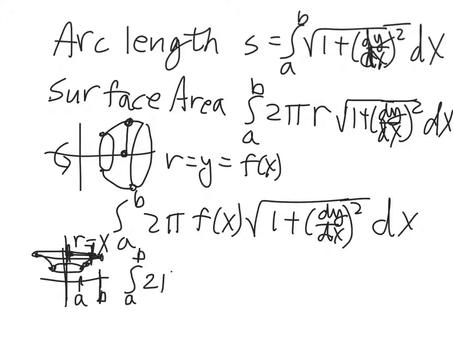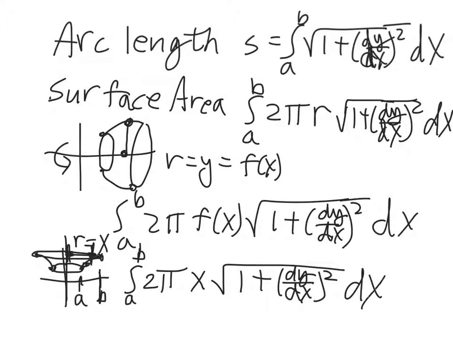Would it be times 2? Times this? 2 pi, no. 2 pi r will just be x. And then ds, well, it doesn't matter, ds is still going to be represented this way. So the real difference, whether we revolve about the x-axis or about the y-axis, is what we represent radius as.